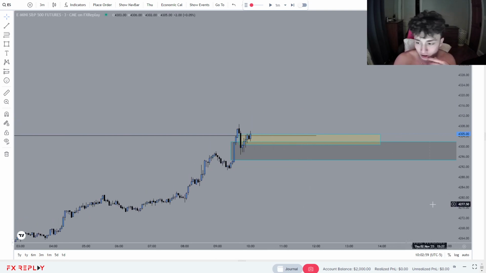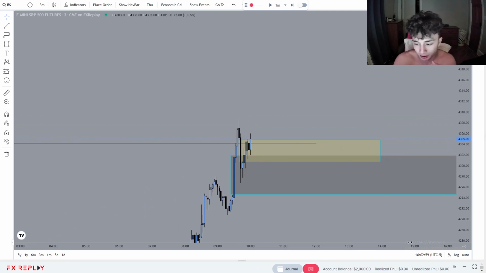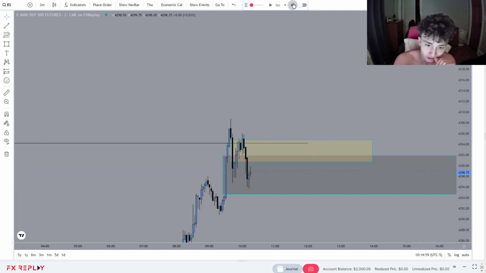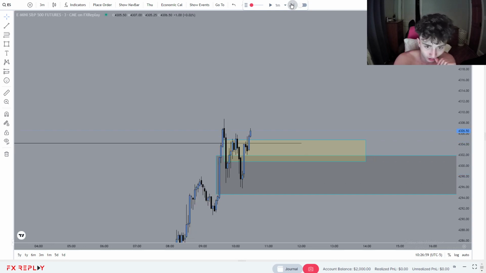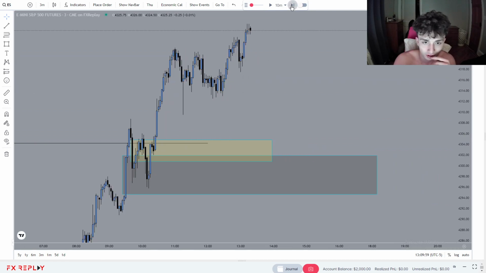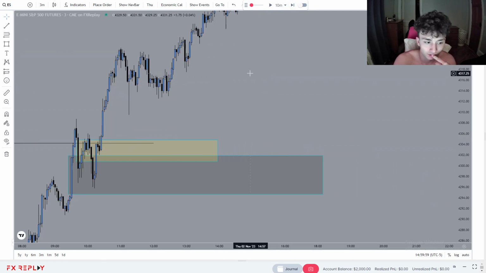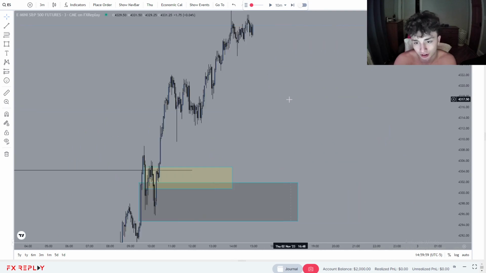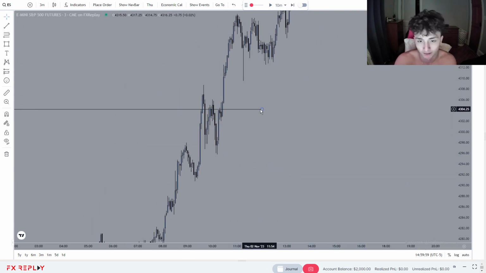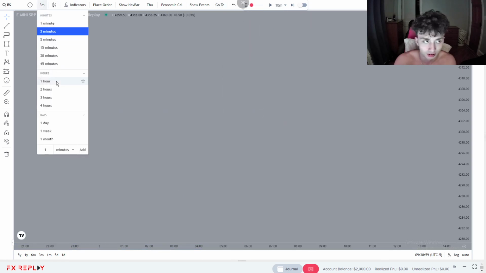I think it's actually clean, but I wouldn't take it because we just got that higher time frame liquidity sweep. Let's just see how it plays. And it runs. So the entry's still right, everything's still good, but I wouldn't have taken that one personally.